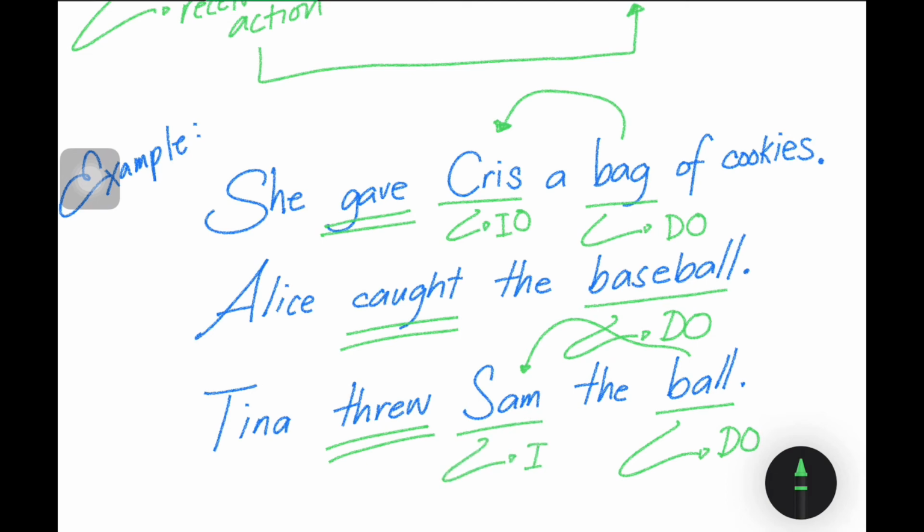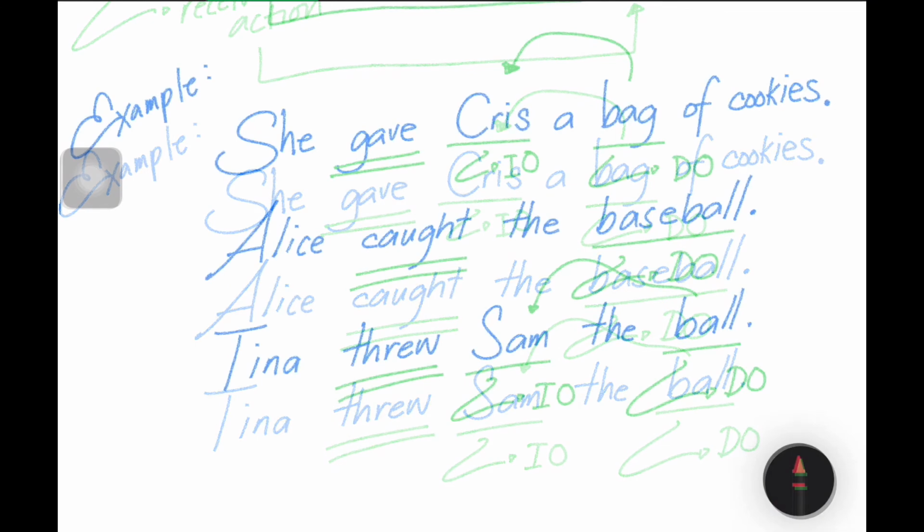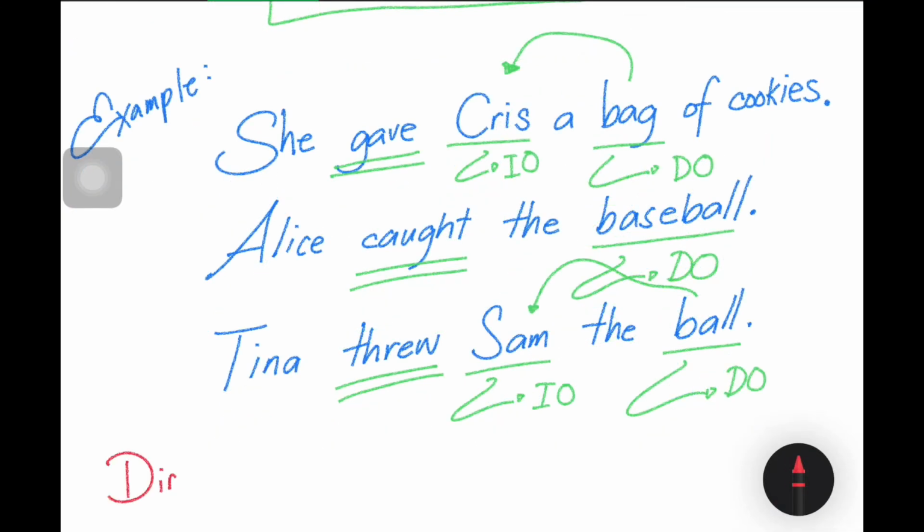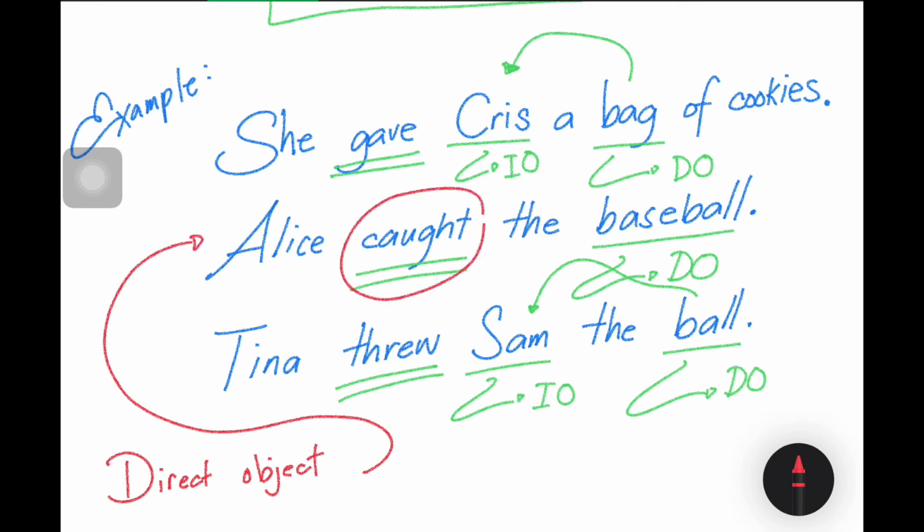Keep in mind that in a sentence, you will find a direct object only after an action verb. If you see this direct object in this sentence, here you'll see your action verb caught and the direct object baseball.